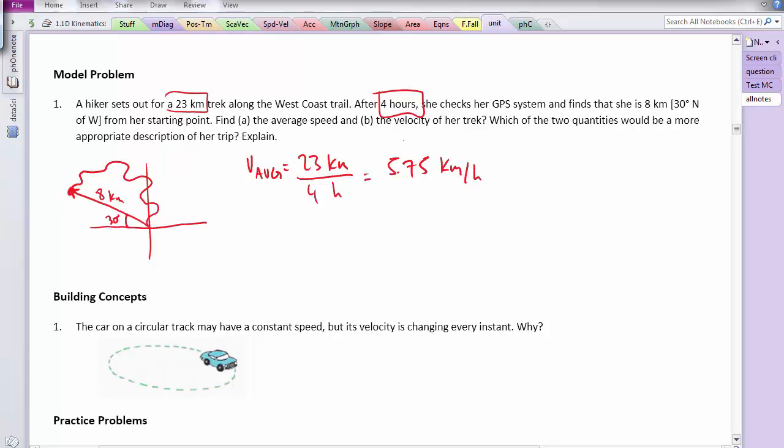And what is the average velocity? V average is displacement over time. Displacement is 8 kilometers over 4 hours. So this would be 2 kilometers per hour, and the direction would be 30 degrees north of west.